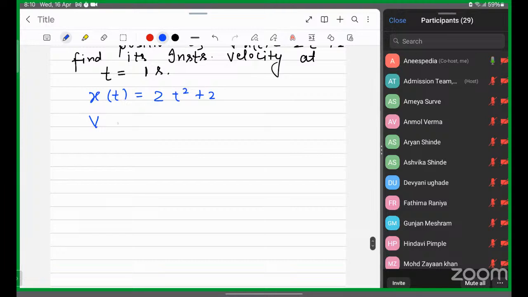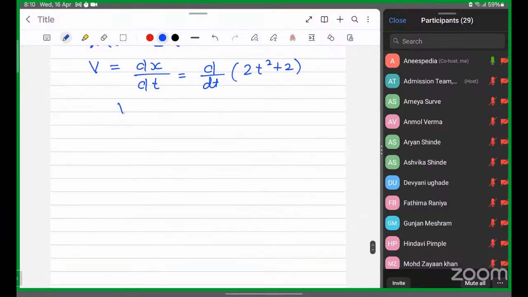Instantaneous velocity is given by dx by dt. So this will be d by dt of 2t square plus 2. Derivative of 2t square is 4t, plus derivative of 2 is 0.